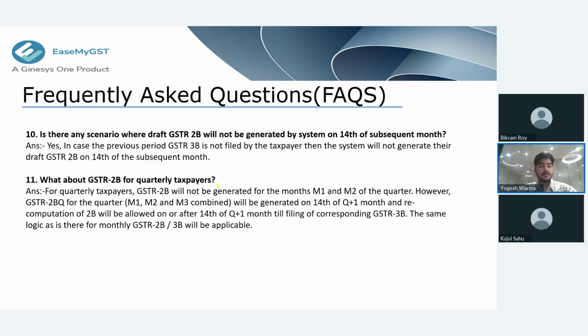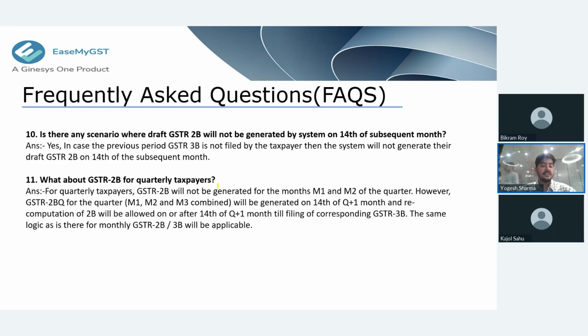Now in the 11th, what about GSTR2B for quarterly taxpayers? For quarterly taxpayers, GSTR2B will not be generated for the months M1 and M2 of the quarter. However, GSTR2BQ for the quarter, M1, M2 and M3 combined, will be generated on the 14th of Q plus 1 month, and recomputation of 2B will be allowed on or after the 14th of Q plus 1 month till filing of the corresponding GSTR3B.